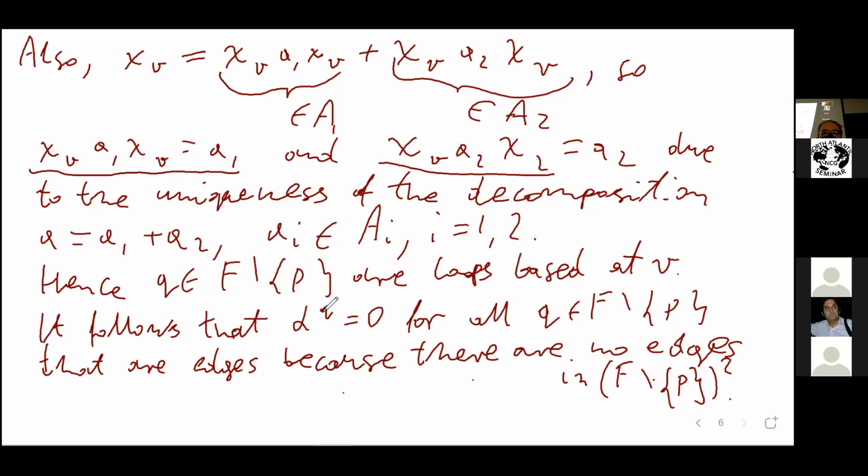Okay, so I know that there must be loops based at V. Why do we have it? We established that these are loops based at V. And why they cannot be edges? Or if you want, loops of length 1.